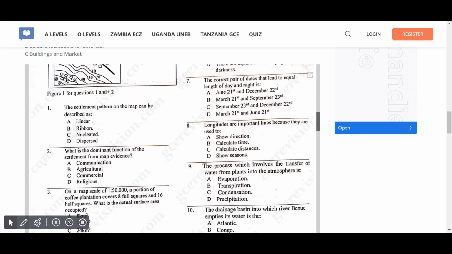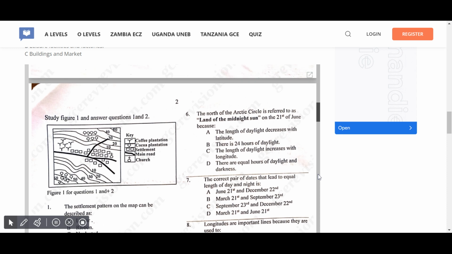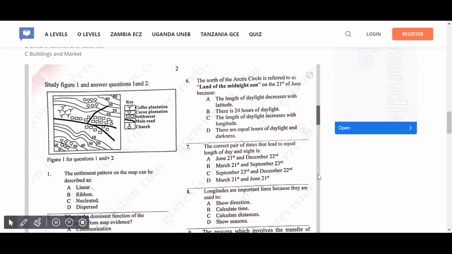It is agriculture, which is B, as you can see. On the map, there is coffee plantation and cocoa plantation. So that's the dominant function of the settlement, agriculture.